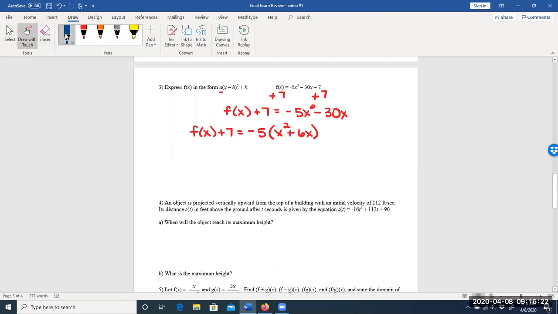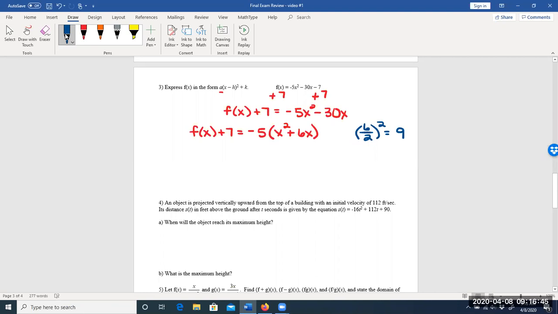Okay, so to complete the square, we take the b, in other words, the coefficient of x. We divide it by 2 and square the result. That's how we complete the square. 6 divided by 2 is 3, and 3 squared is 9.